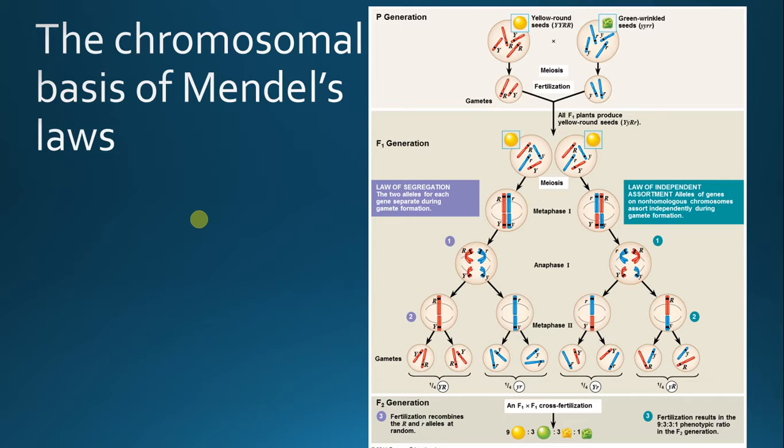So first, we have the chromosomal basis of Mendel's laws here. So what that means is that if we have a generation of parents that have maybe two alleles, Y for one gene and R for another gene, when they fertilize an egg, so both the sperm and the egg gametes come together, their offspring will have any of these potential genotypes.